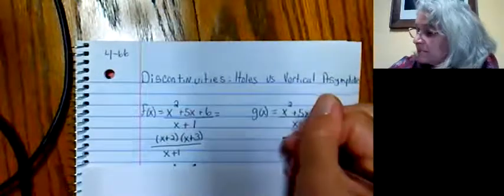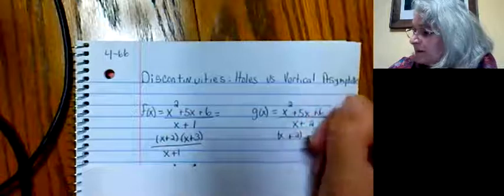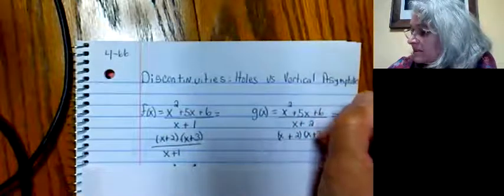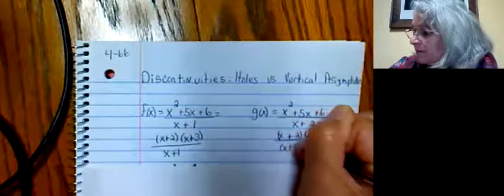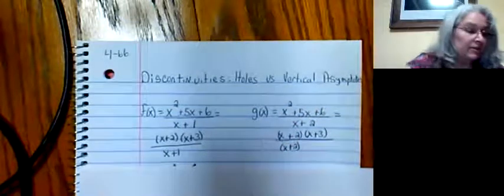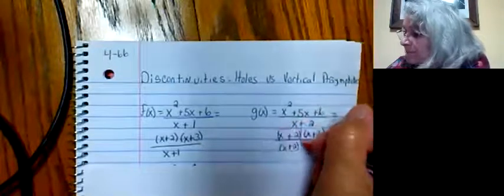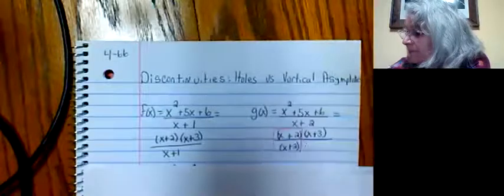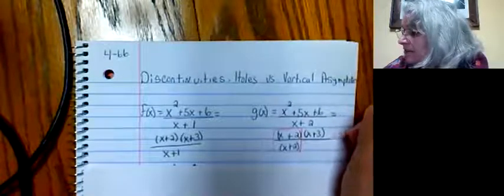And g of x becomes (x + 2)(x + 3) over (x + 2). If you notice, there is a giant 1 in g of x. And that just becomes x + 3. It's just the line.